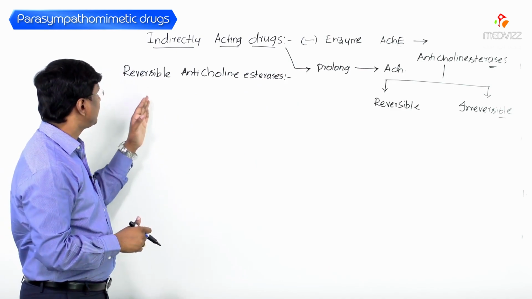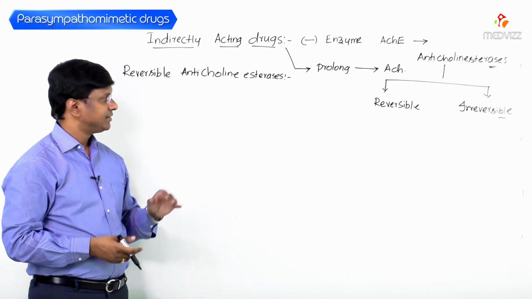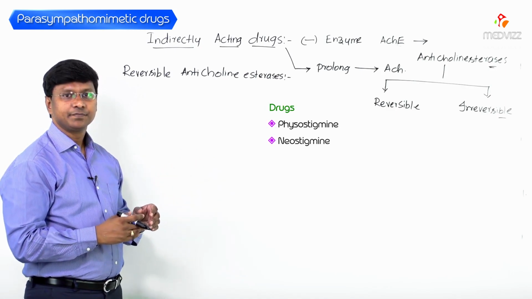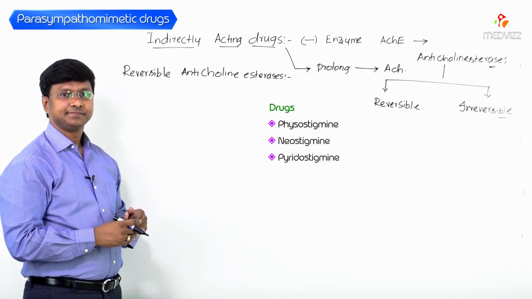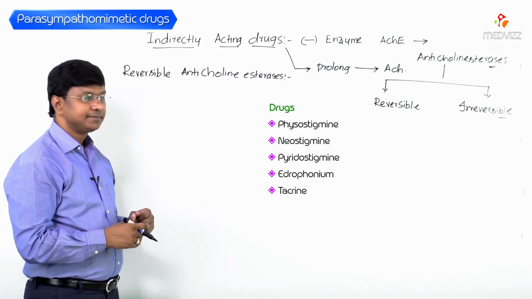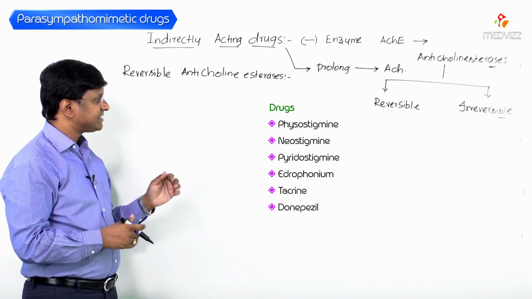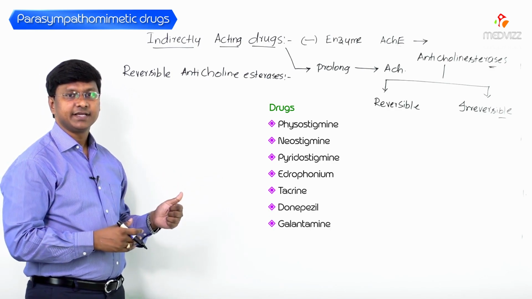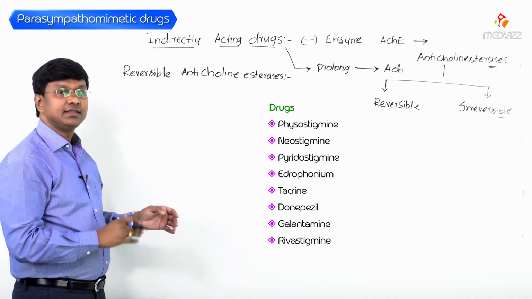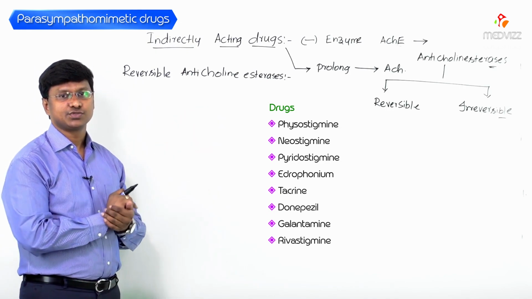The drugs under the reversible anticholinesterases are Physostigmine, Neostigmine, Pyridostigmine, Edrophonium, Tacrin, Donepezil, Galantamine and Rivastigmine. These are the important drugs in this group.